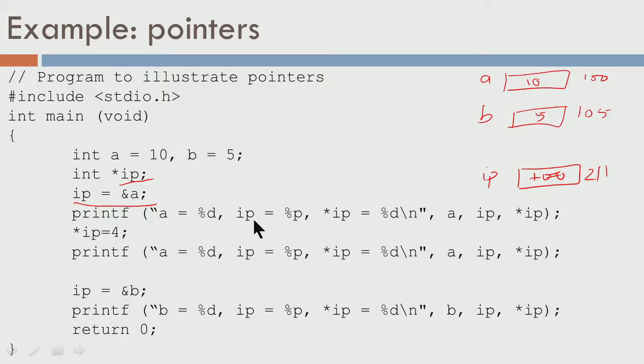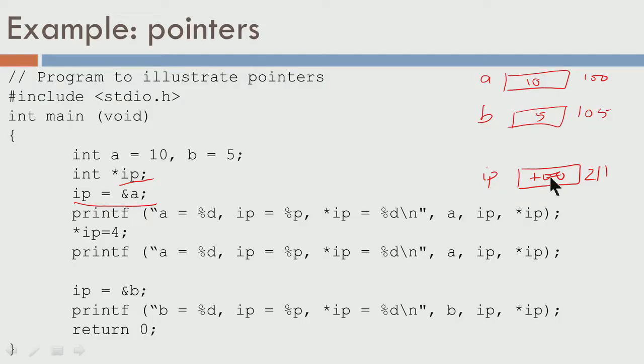And what do you get for ip? Here we are also printing ip. What will be the value of ip? ip should give you 100, because 100 is the address stored in ip, and star ip is the contents of the address that is stored in ip. That is the way to interpret it. Star ip means give me the contents of the address that is stored in ip.